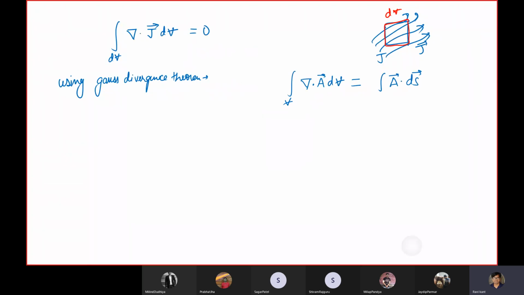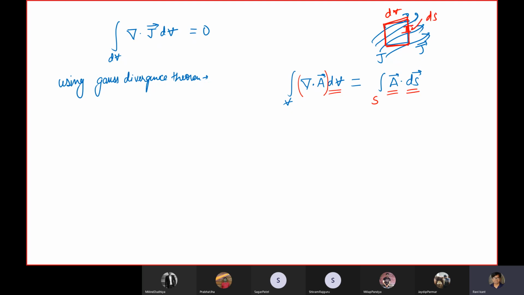Okay, so whenever I write the divergence of any vector field integrated over the volume, I can equally write this vector field dotted with the ds element and integrated over all surface. So this is your surface, and let's suppose this is your ds.